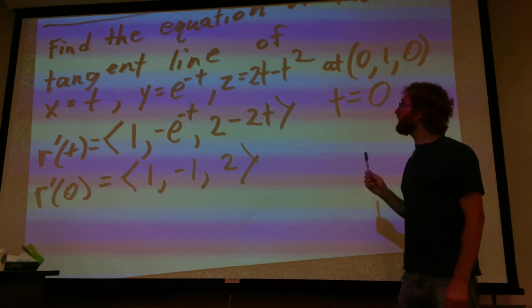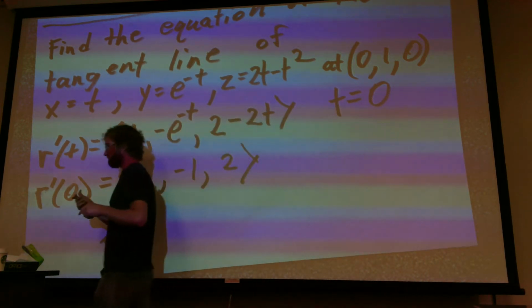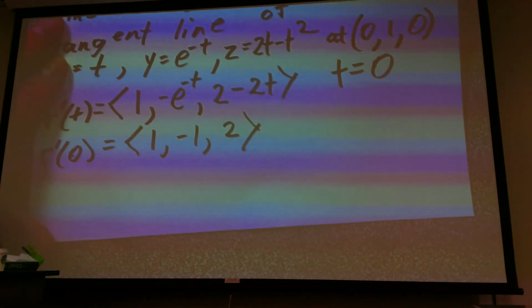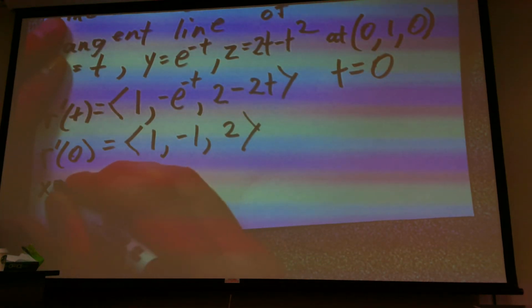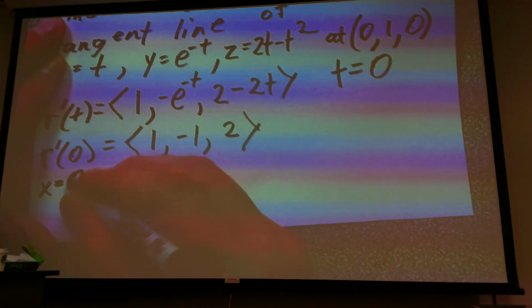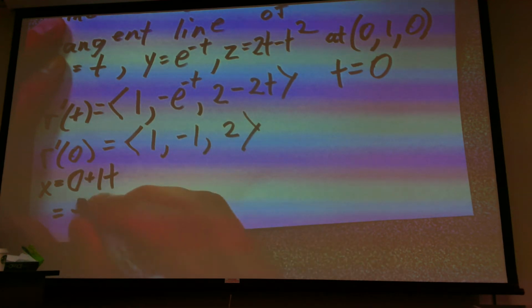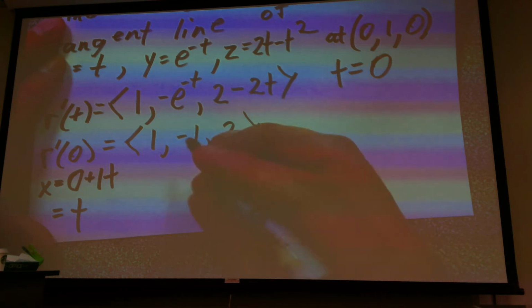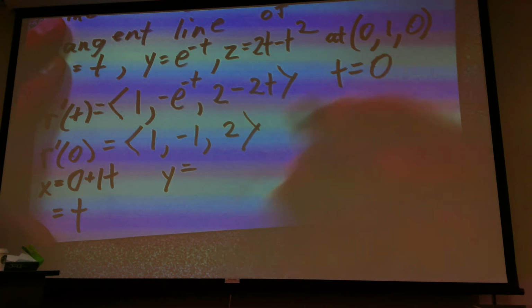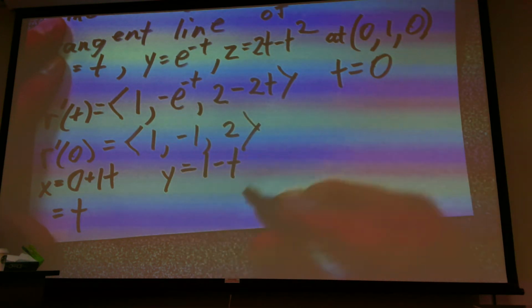So this gives us a way to parameterize this problem. All right? So the parametric equation for the tangent line at this point, well, I'm going to fit it on this page. X is going to equal, all right, so that's the x value right there, 0 plus 1 times t, so that's just going to equal t. Okay. My y value is right there, 1, and then I have a negative 1 right here, that's minus t.